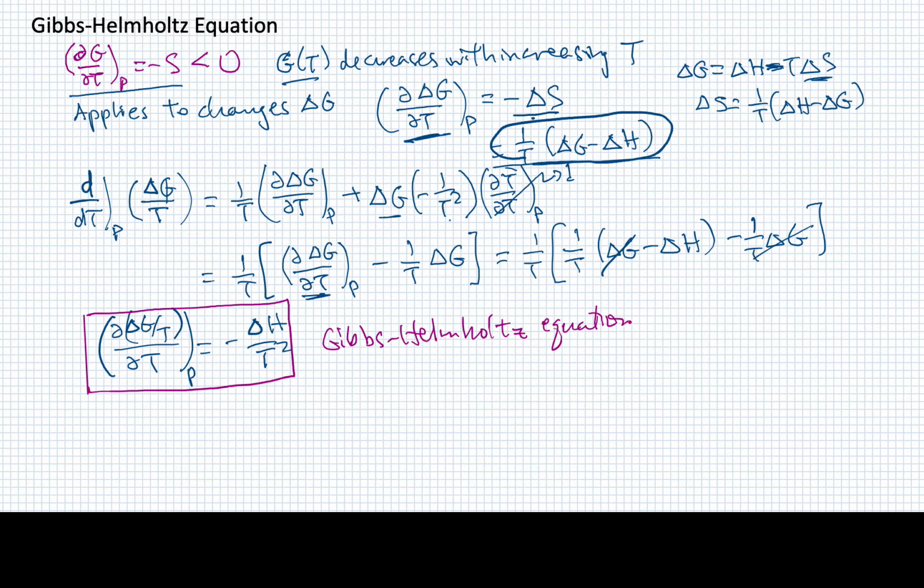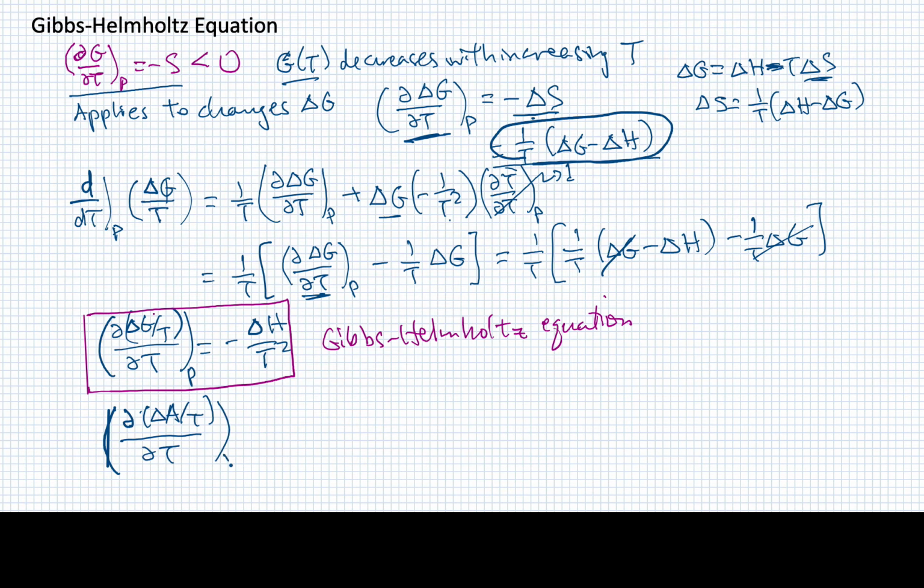And this equation tells us how the Gibbs energy is going to change with temperature, or changes in the Gibbs energy change with temperature. And they go basically as the enthalpy over the temperature squared. Now, there is a similar relationship that one can find for the Helmholtz energy, and I'll just report that here without deriving it, but it would follow a very similar derivation, where I would have d of delta A over temperature with respect to temperature.